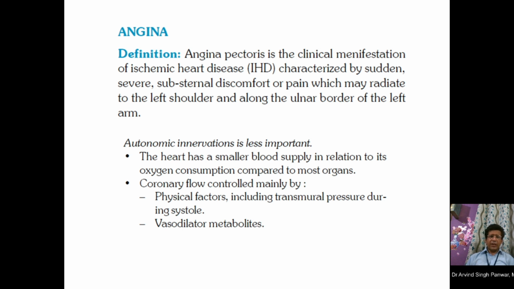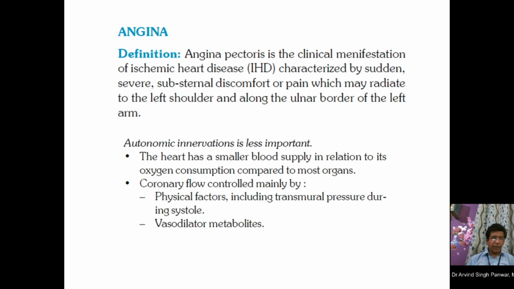Now, we will have to understand certain things if you would like to understand angina. The heart has a smaller blood supply in relation to its oxygen consumption compared to most other organs.